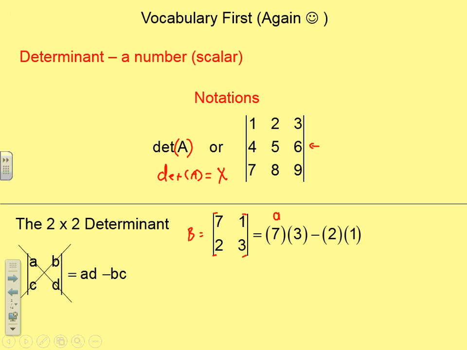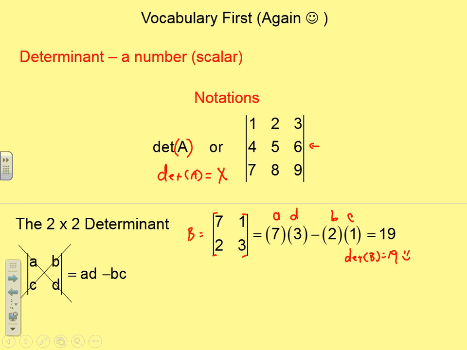So this is A times D minus B times C. 7 times 3 is 21, 2 times 1 is 2, so 21 minus 2 is 19. So the determinant of B would be 19.